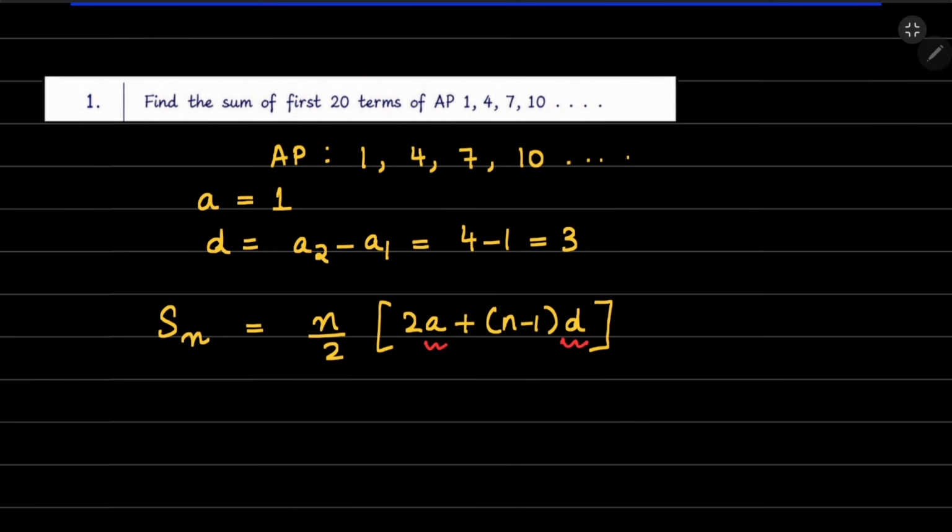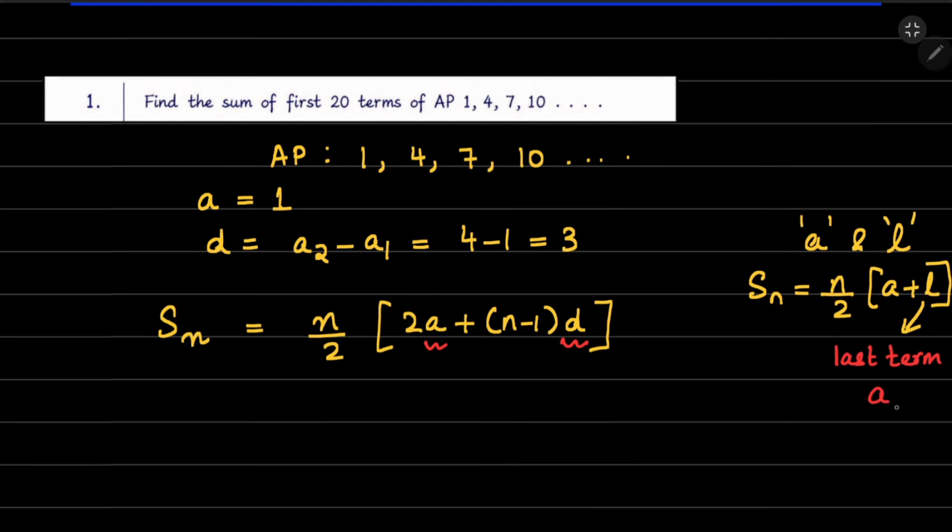There is another formula if you know the first term and the last term, L. The formula is sum of the first n terms is equal to n by 2 into a plus L. This formula is applicable only if you know the first term of the arithmetic progression and the last term of the AP sequence. If the first and last term is given to you, then you can calculate using the formula n by 2 into a plus L, where L is nothing but the last term.